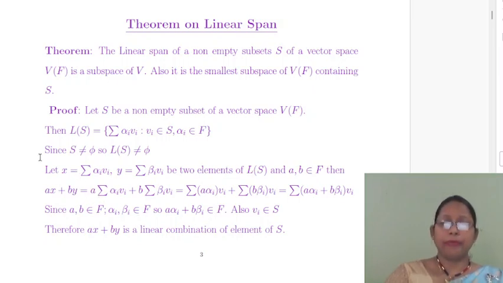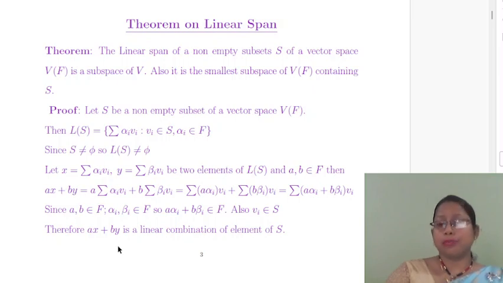Now, by calculation, we have found that the linear combination ax plus by belongs to the linear span. Therefore, it satisfies the condition for a non-empty subset S of V to be a subspace. That is, x, y belong to V, a, b belong to F, ax plus by belongs to S, then S is a subspace.